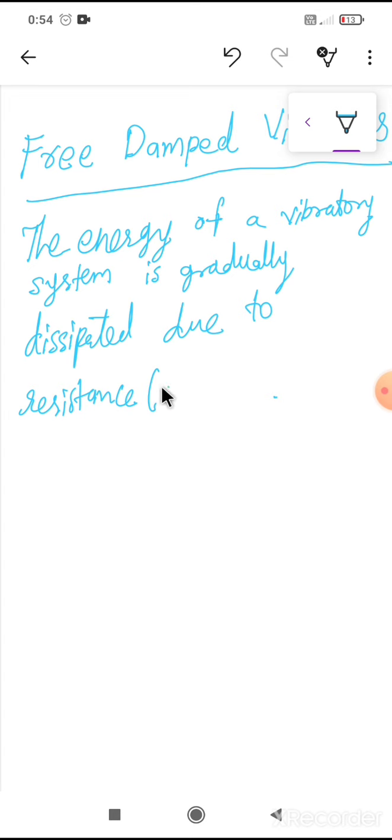The resistance can be air or fluid. Fluid means air, fluid, liquid. So such vibration is called damped vibration.